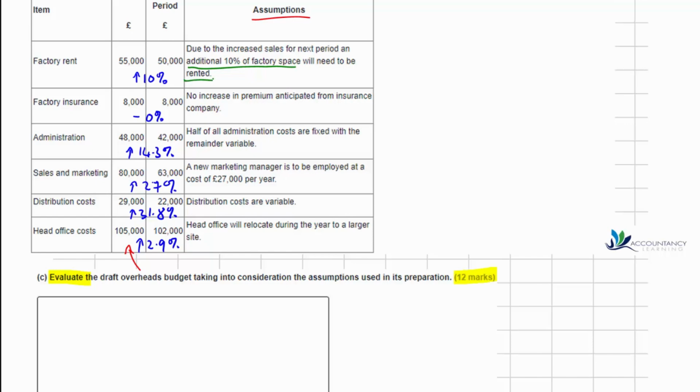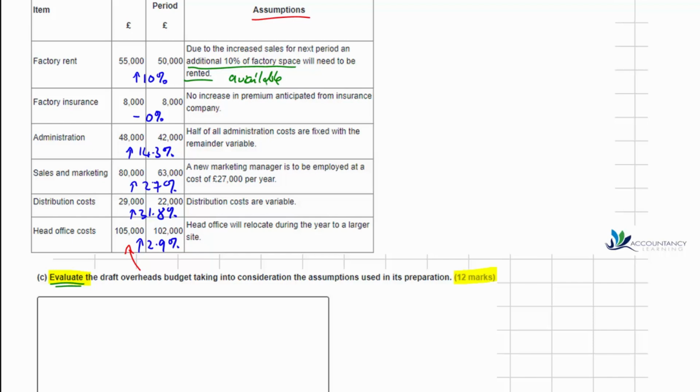So remember, what we're trying to do is evaluate the budget. So do we think that assumption is reasonable? So we need to consider, is there available space for us to rent? So potentially we are using a factory in some sort of industrial park, and potentially we can just use an extension as part of the factory.